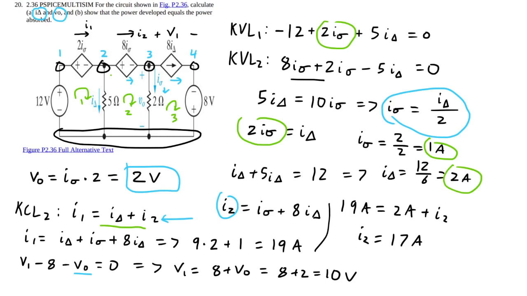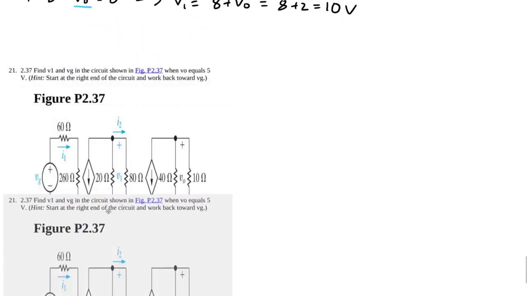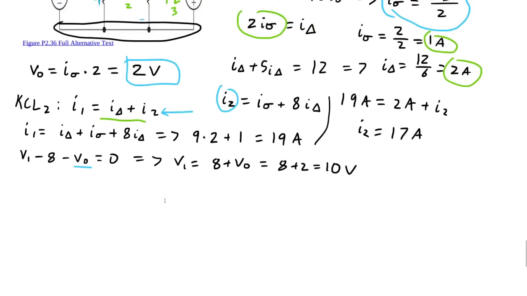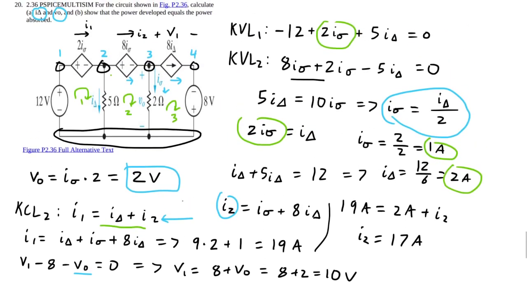So now we have everything we need to calculate the power. Let me just move these down real quick so I have more space. Okay. So the next step, we're going to find the power that is developed by this source. We know that these currents are positive, so we're going minus to plus. So it's definitely a gain.